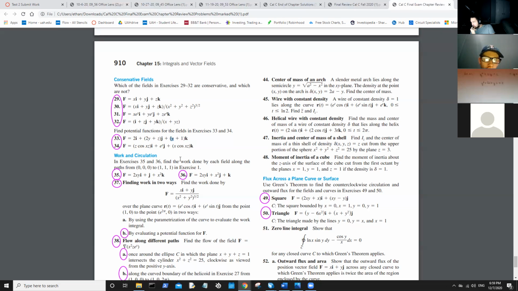So what happened is we take the partial in terms of x of this function and we get this. Then we take the partial in terms of y of this function and we get this. We take the partial in terms of z, we get this. All right, easy. A great way to test for it.